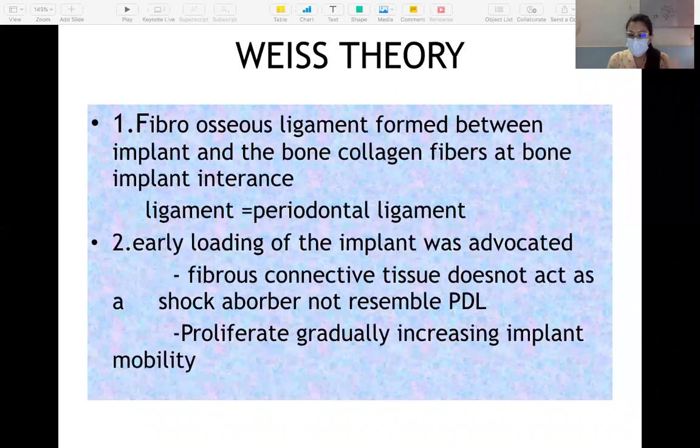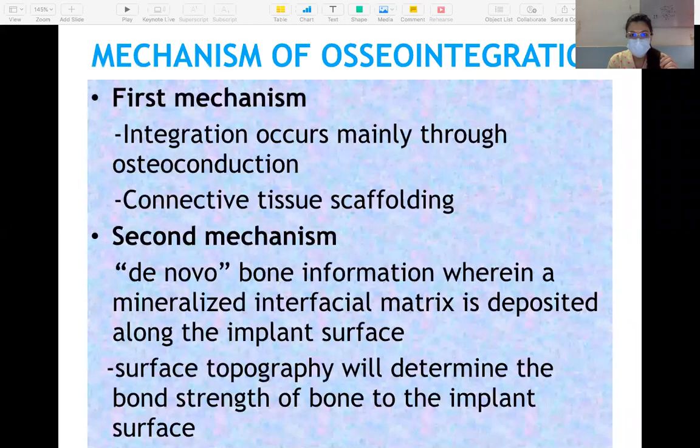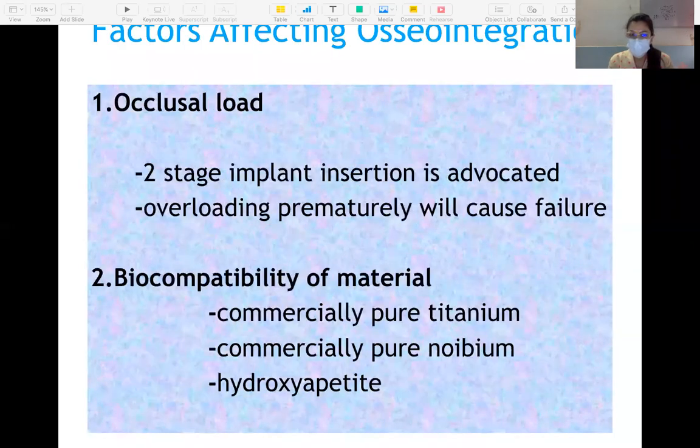But if we talk about the Weiss theory, he said there is some amount of fibrous tissue formation around the implant, and this fibrous tissue also helps in attachment or integration of the implant onto the bone. I'll not go into the detail of the mechanism of osseointegration because this is more of an introduction to implants for you.